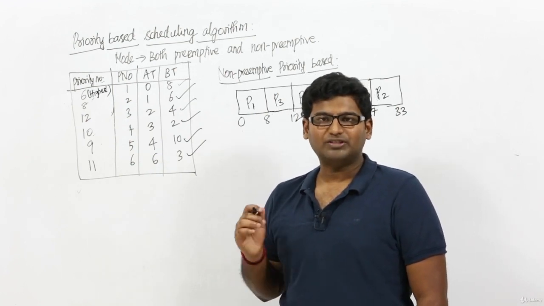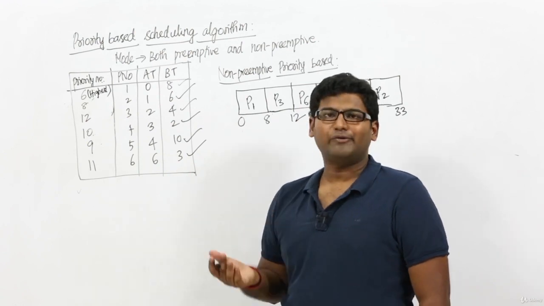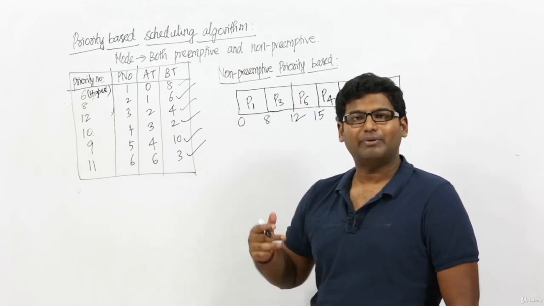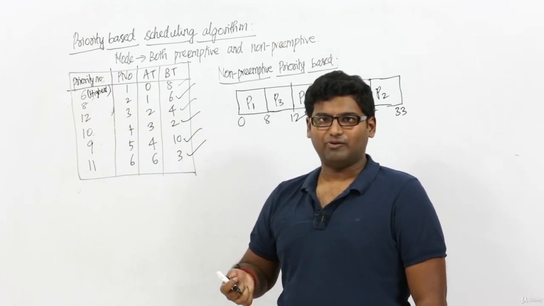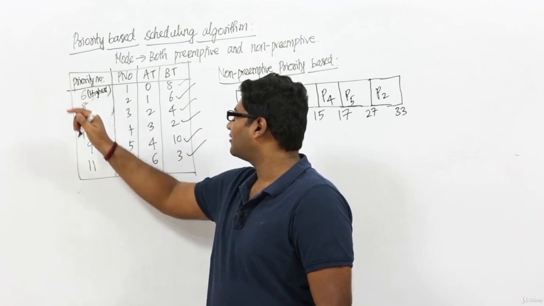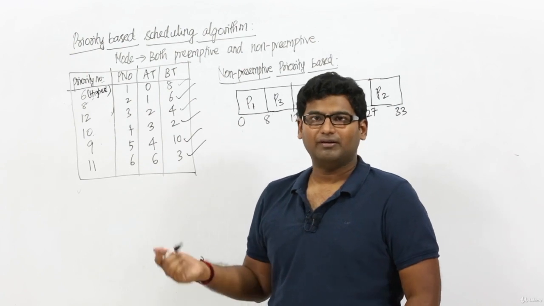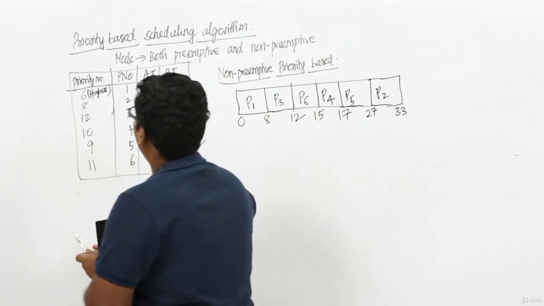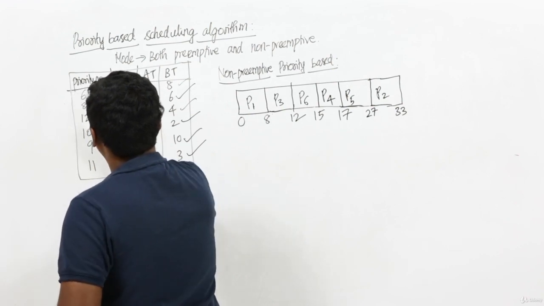There is no definitive rule that if the priority number is higher you need to give the higher priority, or if the priority number is lesser you need to give the higher priority. It really depends on the problem itself. In the problem they might mention it, and here they have given that if the priority number is lesser, you give the highest priority. So depending on the problem we might have to solve. That's it, we have solved the problem.